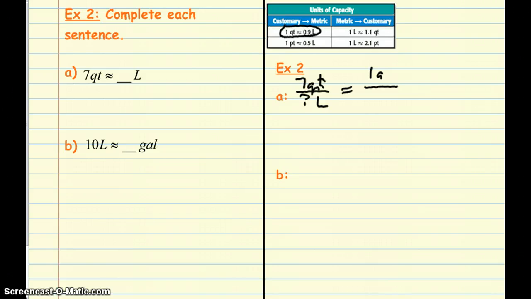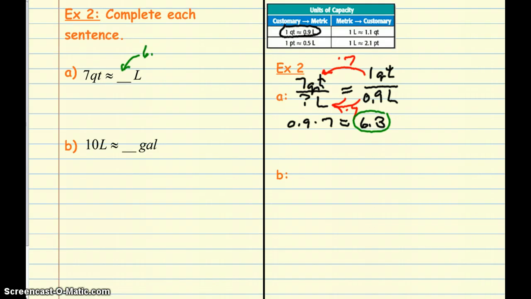Just like the previous examples, 1 times 7 is 7, so I do 0.9 times 7 as well to figure out our missing value. In this case, it's 6.3. So 7 quarts is approximately the same as 6.3 liters.